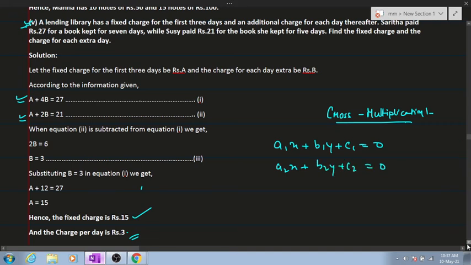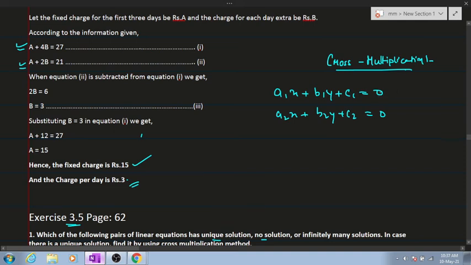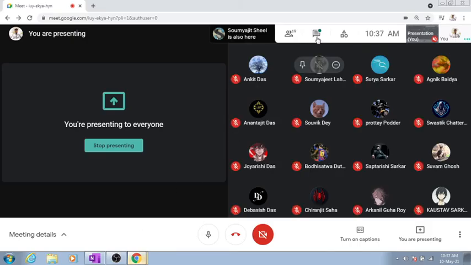Clear? You have to solve these two equations, for example, where a unique solution exists, and calculate the values of x and y using cross multiplication. Should we start solving this?